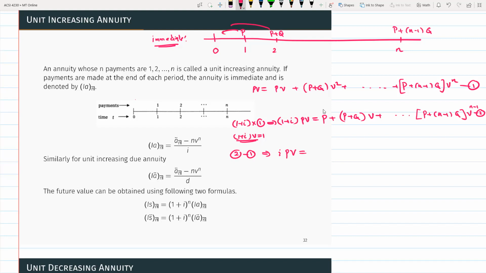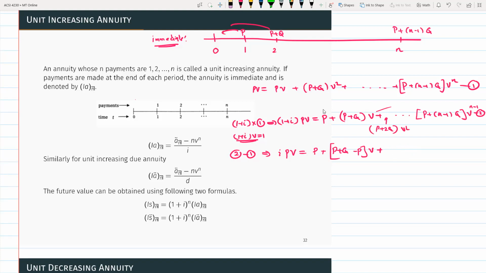So you will have an equation like P, then let me expand this: P plus, next one is (P plus Q) minus P, times V. The next term would be P plus 2Q, so if I go to the next term here, it would be (P plus 2Q) V squared.